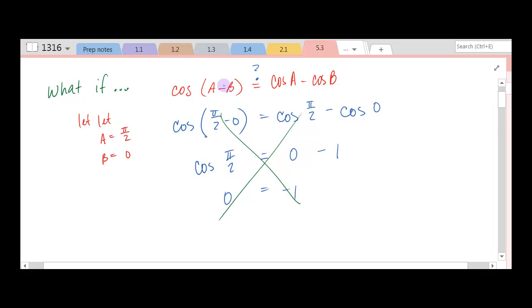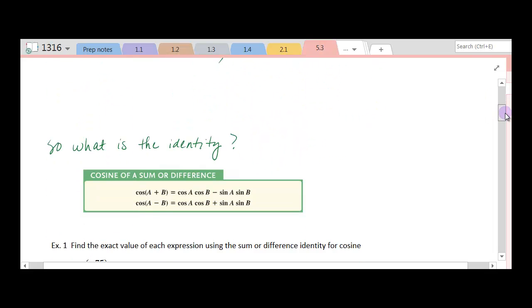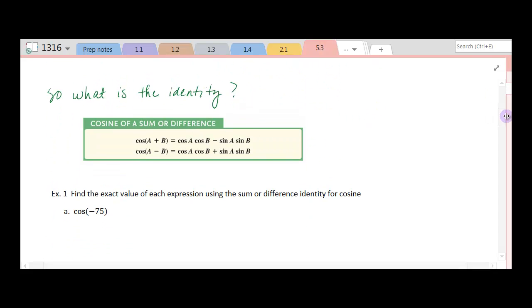So what do we do? There's an identity that we're going to use, called the sum and difference identities for cosine. You can see here that I have two different cases. The first case is the cosine of A plus B, which equals the cosine of the first times the cosine of the second, minus the sine of the first times the sine of the second.